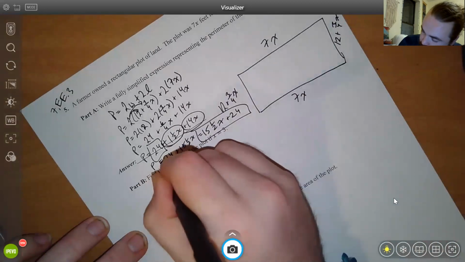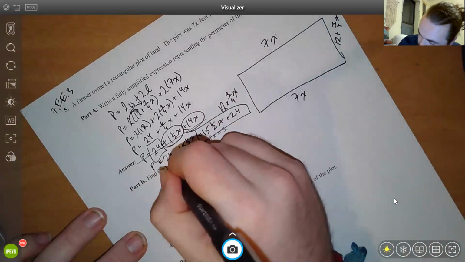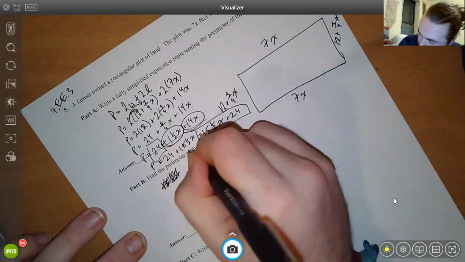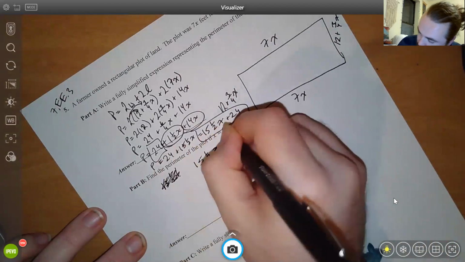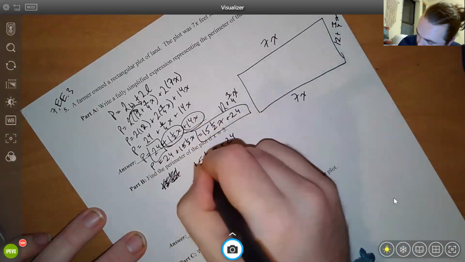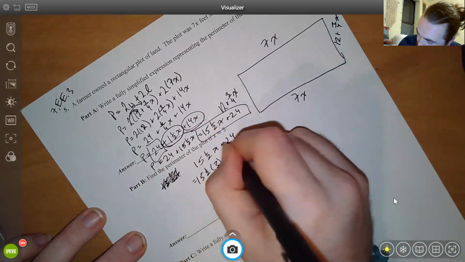Start by rewriting your original expression: 15.5x plus 24. Then plug in 15.5 times 3 plus 24.